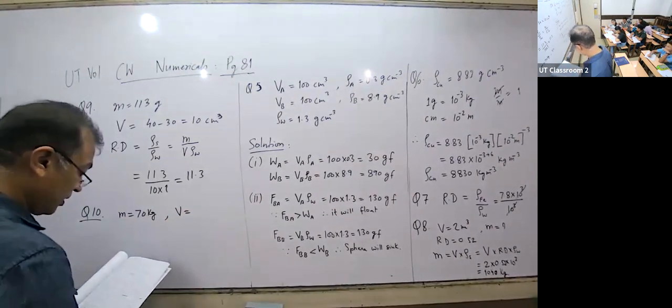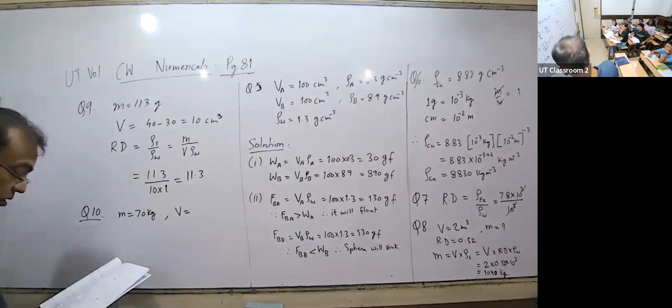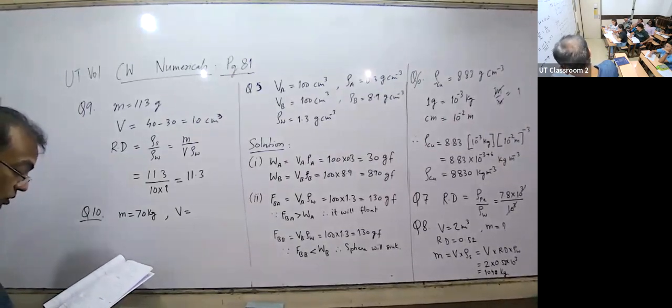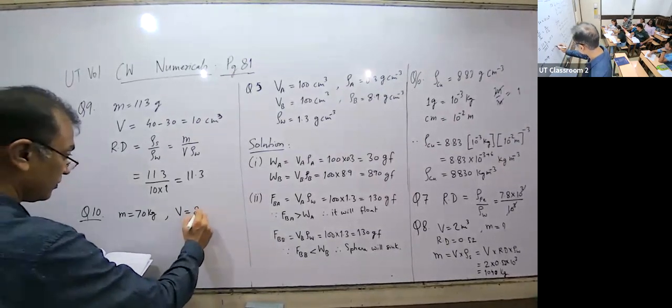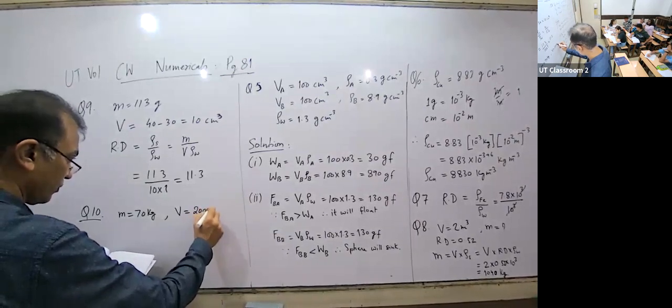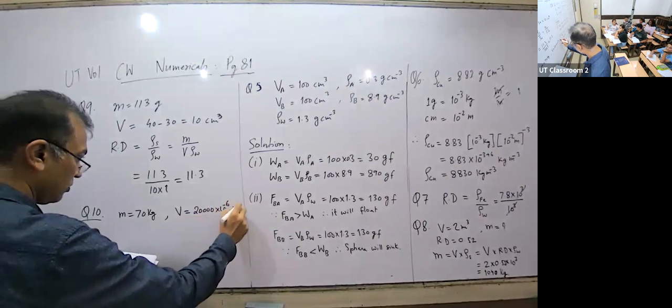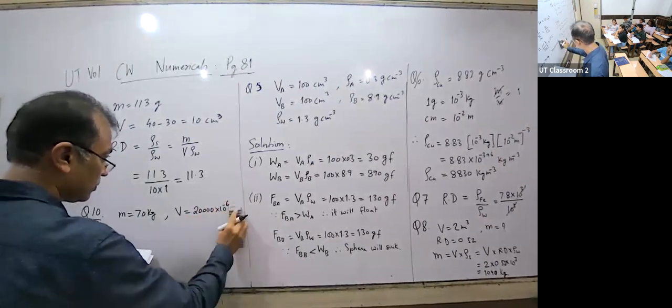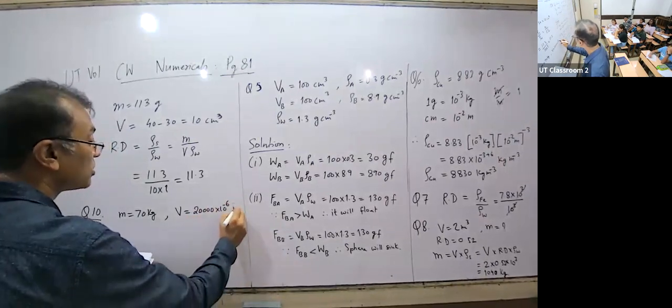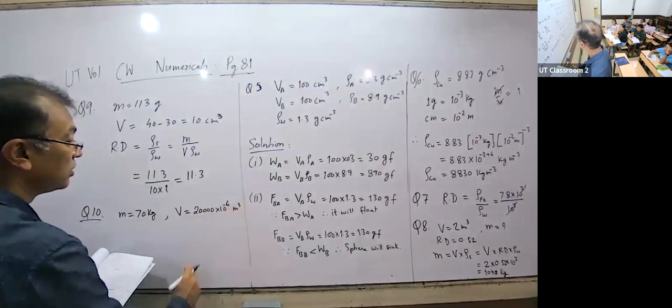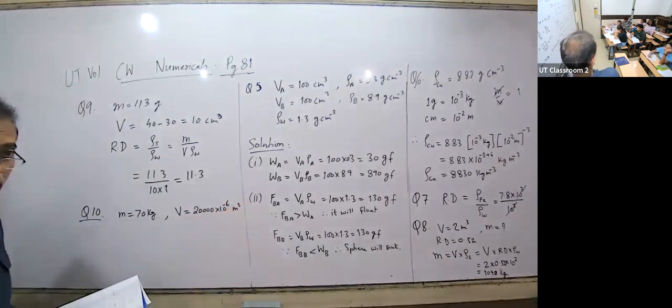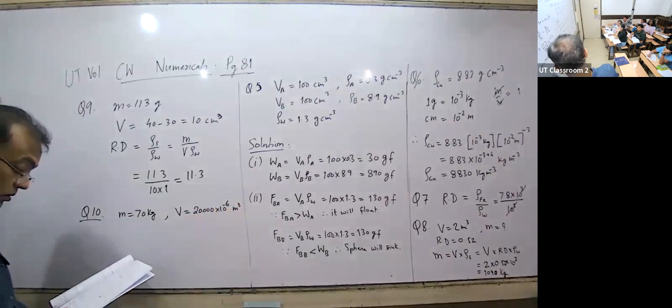So centimeter is 10 raised to minus 2, cube, 10 raised to minus 6. Centimeter cube to meter cube, right? So how much is that? 0.2.